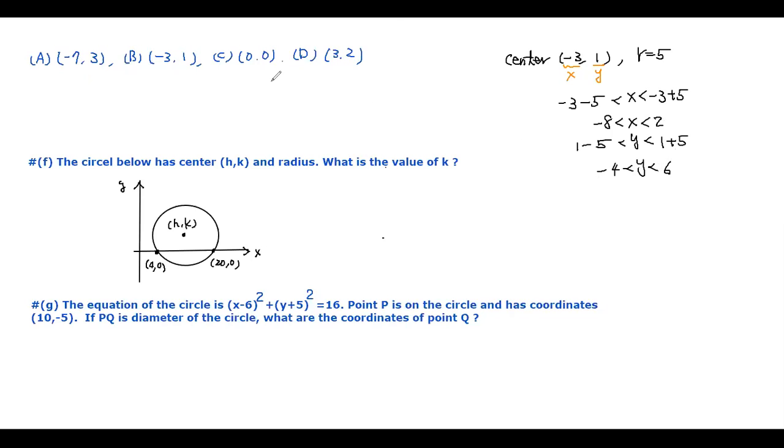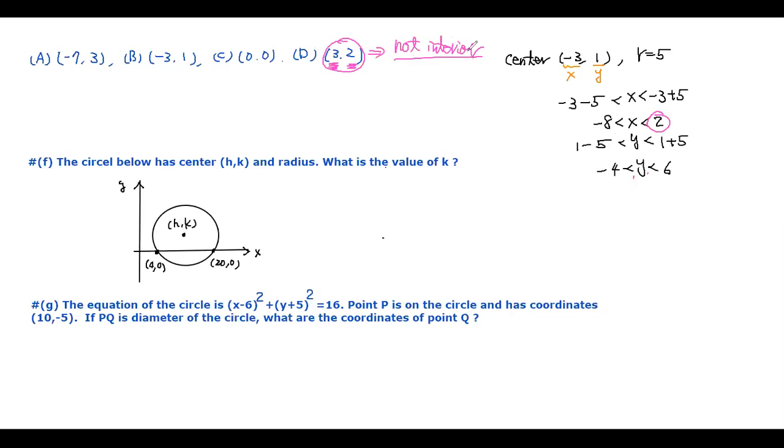The next one is negative 3 and 1, which are both in range. Then 0, 0: x is in the range, y is in the range. This one is 3 and 2, but x can only go up to 2. So this point is not in the interior. This is the quick way to check.